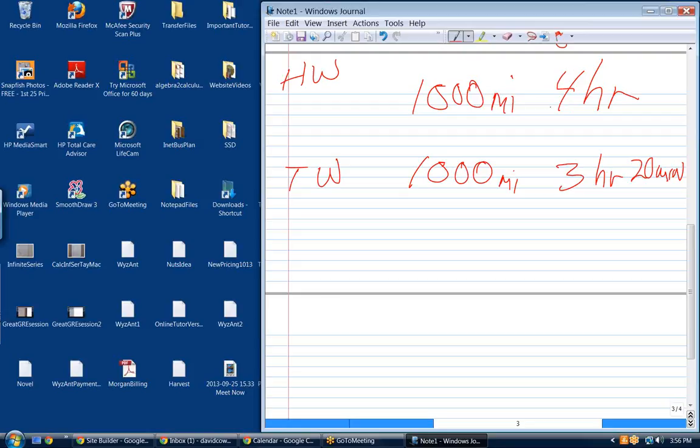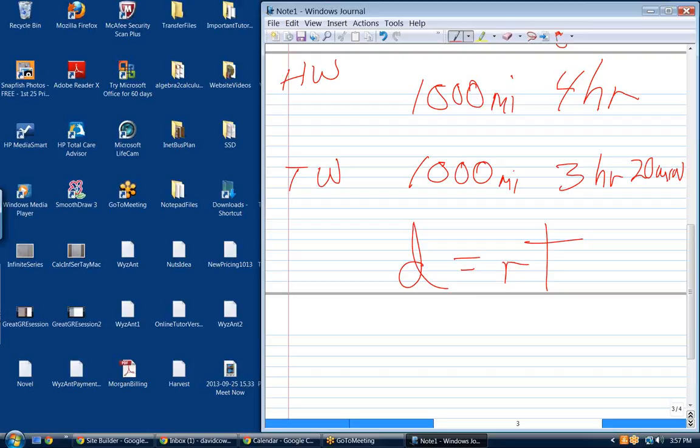So it took 4 hours to go 1,000 miles. Relative to the ground, how fast did it go going out? Distance equals rate times time, so solve for R. R is rate.